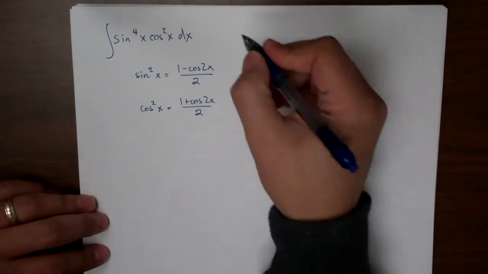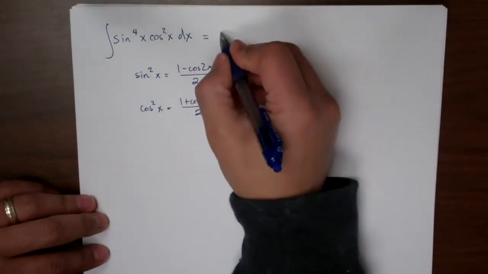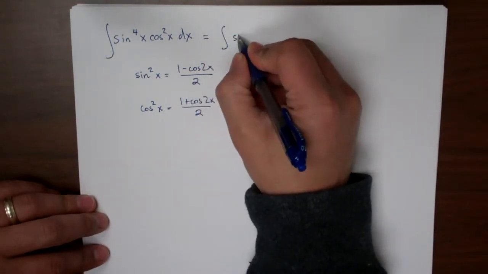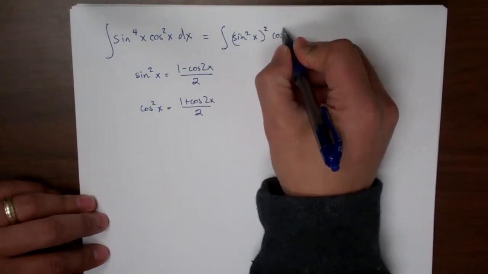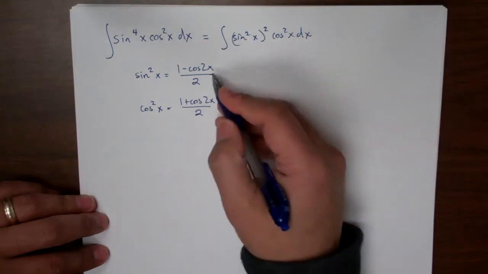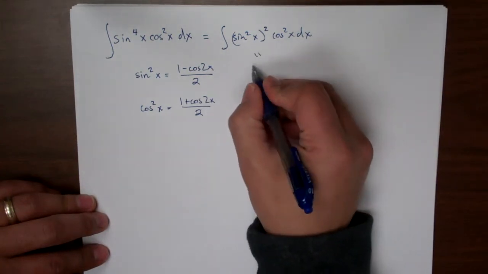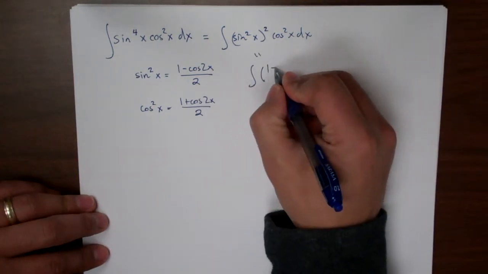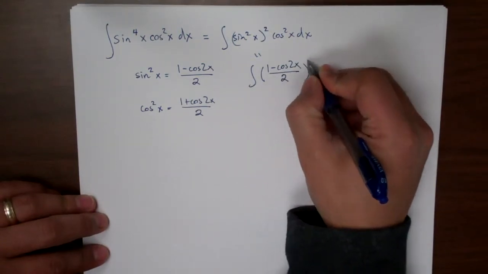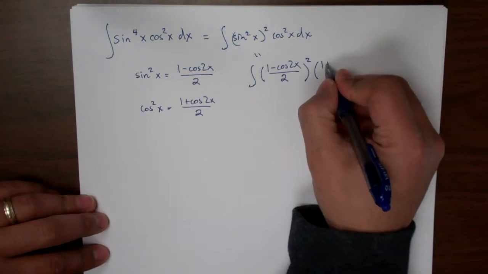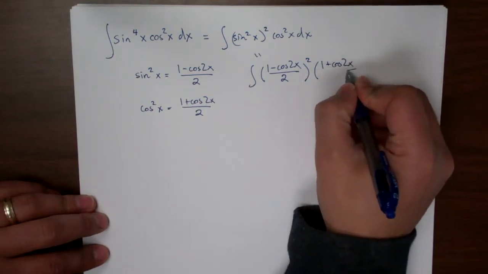So as we said before, this strategy will let us write this as sine squared, squared, and we have a cosine squared dx. Plugging in these identities lets us write this as (1 minus cosine of 2x over 2) squared times (1 plus the cosine of 2x over 2).